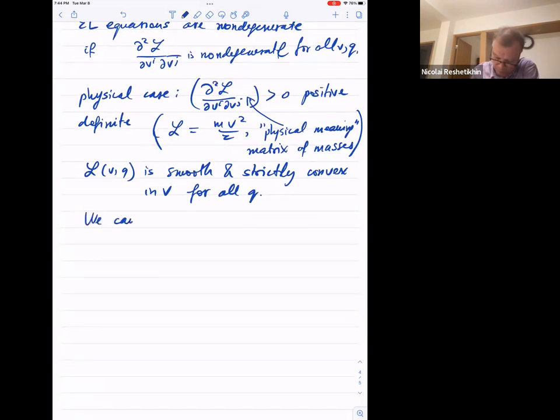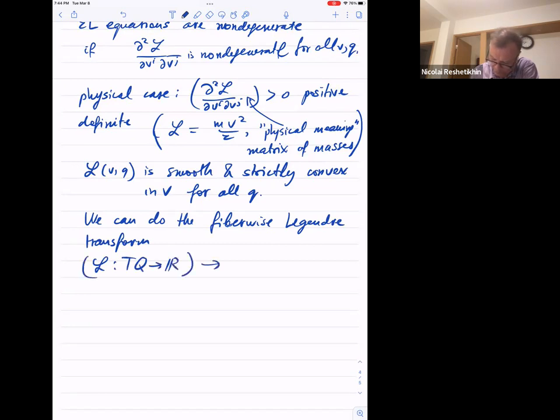So we can do the fiberwise Legendre transform from L, which is a function on the tangent bundle, to H, that's the Legendre dual to L, which is a function on the cotangent bundle.